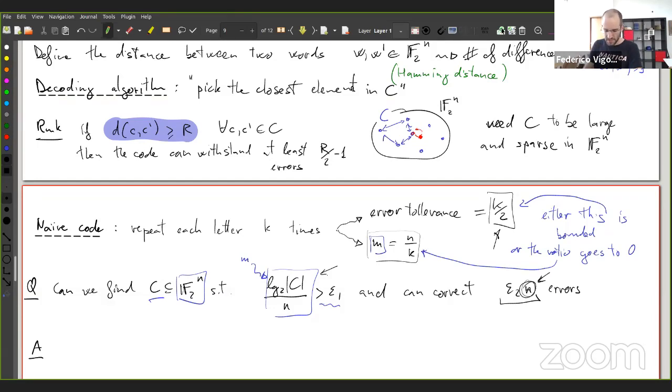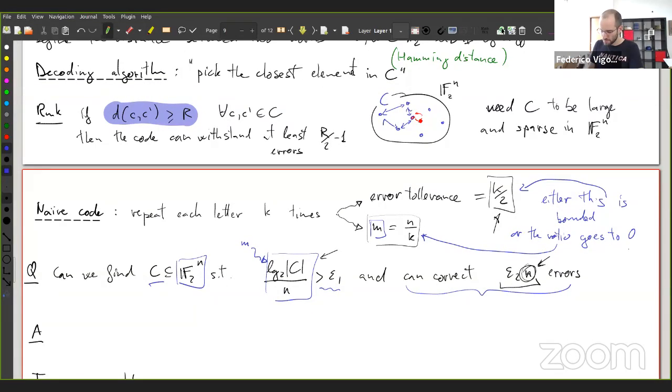And since we're using the decoding algorithm where we just pick the closest element, being able to correct epsilon n errors means that the minimum of the distance between C and C prime, where C is different from C prime and they are in the code, is at least epsilon n.